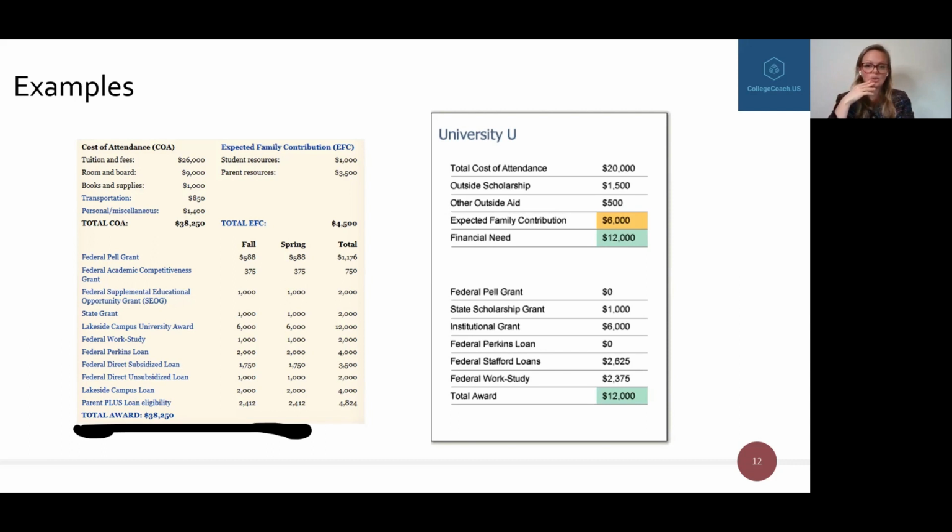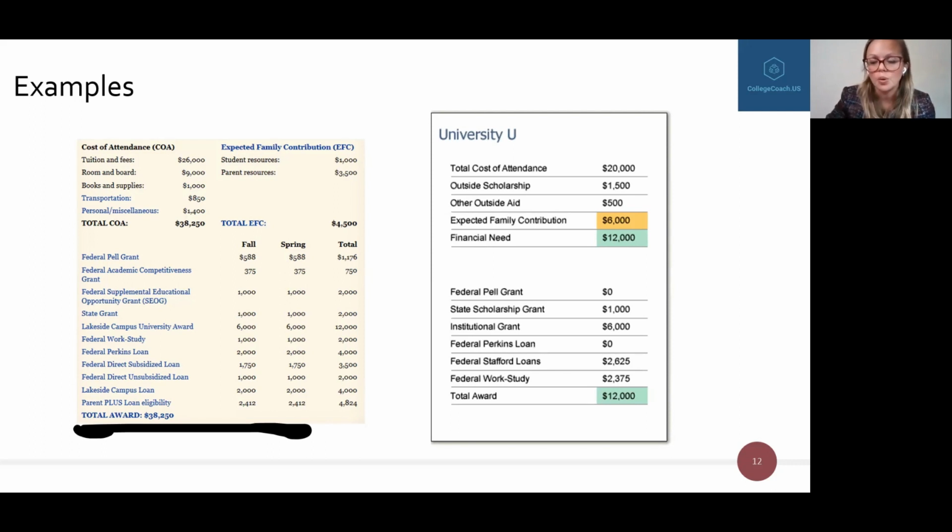So off the need it goes, and then they subtract the expected family contribution of $6,000 and leave you with financial need of $12,000, where you would generally hope it would still be $14,000, that they wouldn't subtract the outside scholarships and outside aid to begin with.